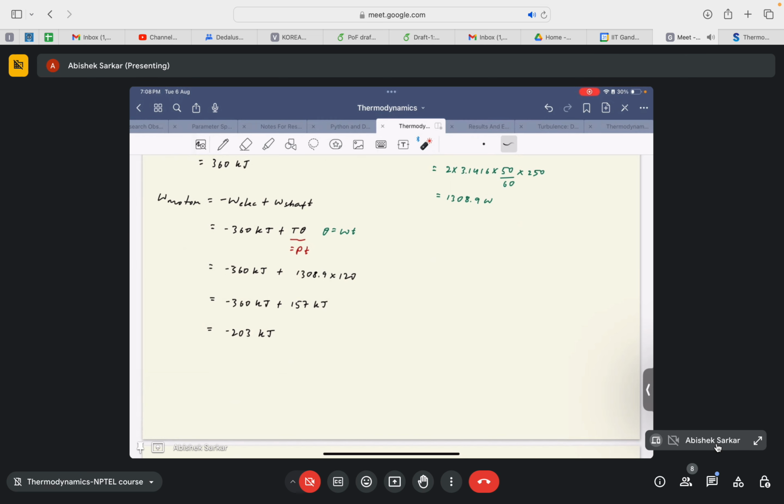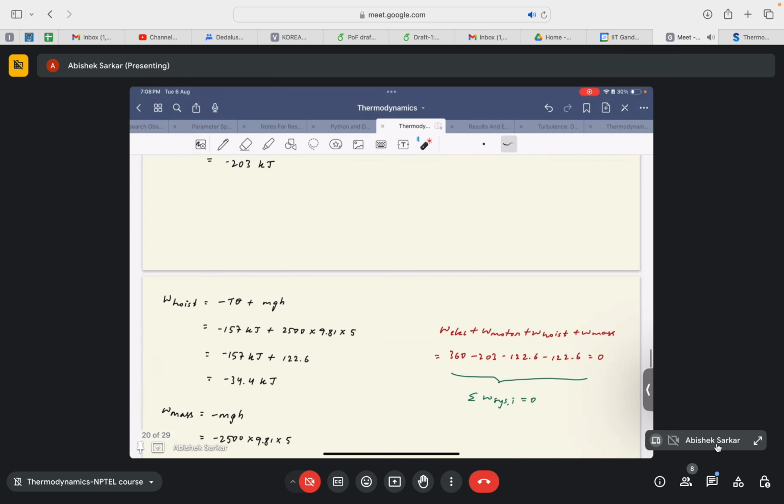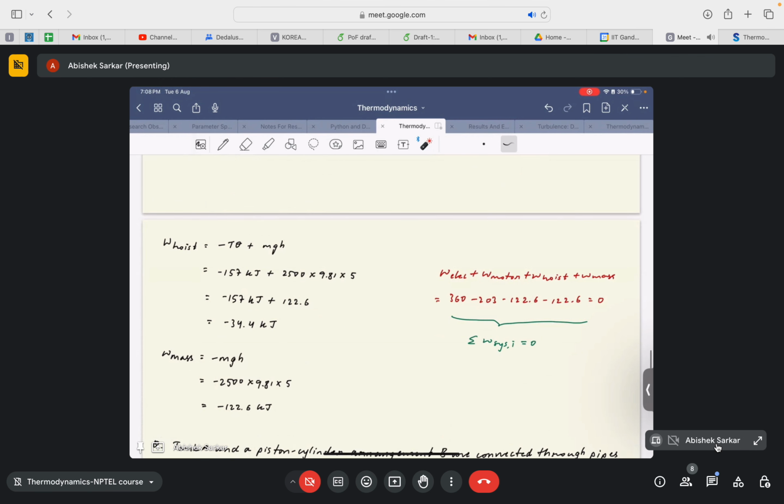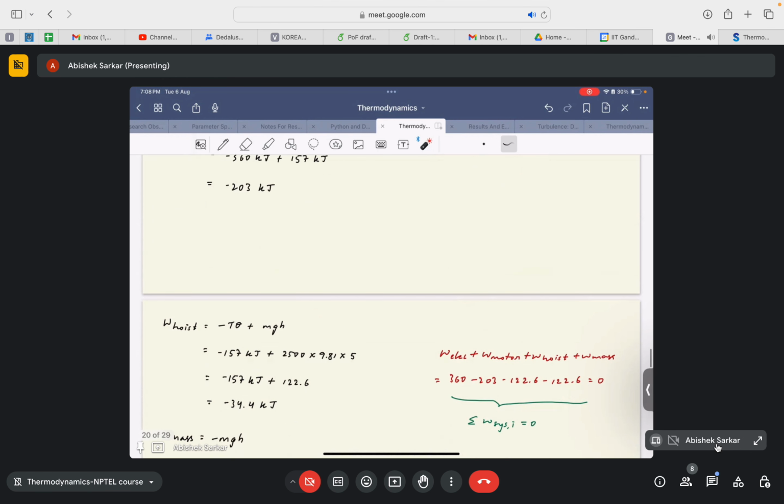That's why you can see that the net work supplied by the electrical motor is lower than the net work input from the DC source. This is also a very good way to check whether your solution is correct or not.